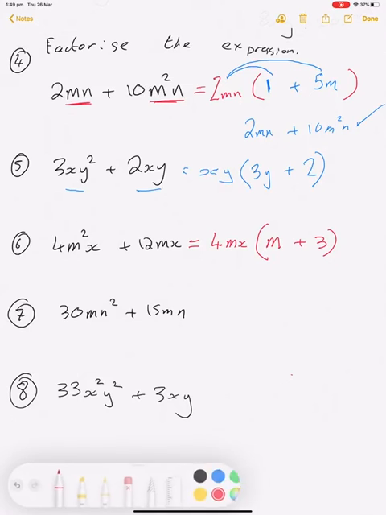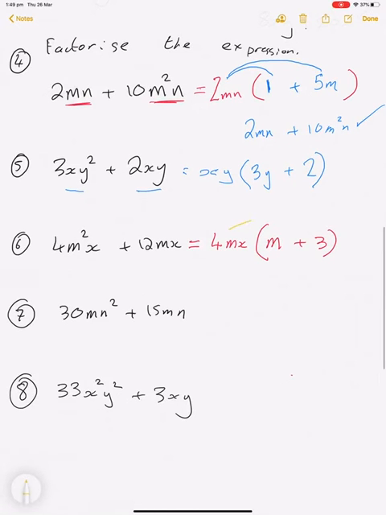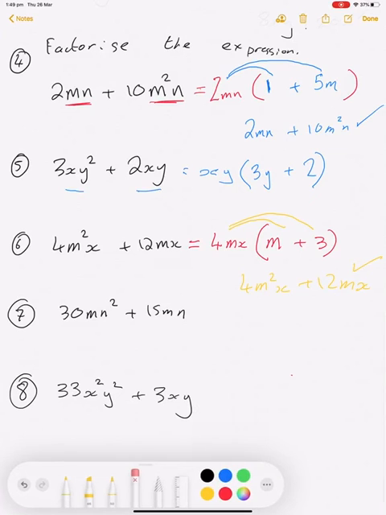And let's multiply out. We get 4m squared x plus 12mx. That's correct.